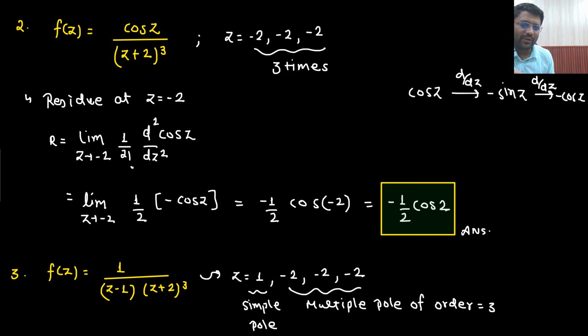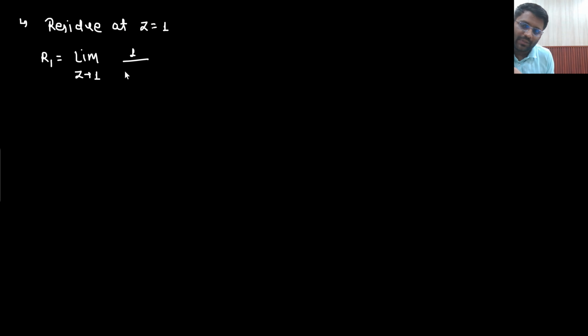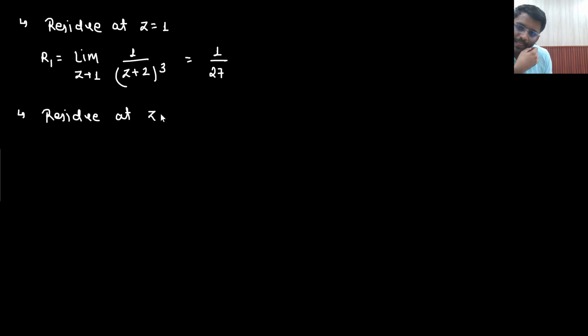Remove that problem. What are you left with? 1 upon z plus 2 whole cube. And now put z equals to 1 here. Your answer is done. What answer are you getting? 1 by 3 cube, that means 1 by 27. Understandable?